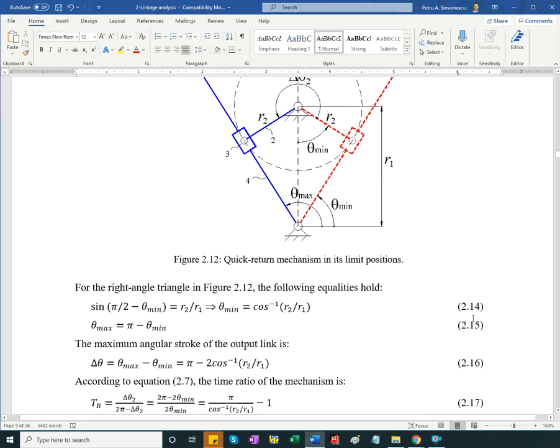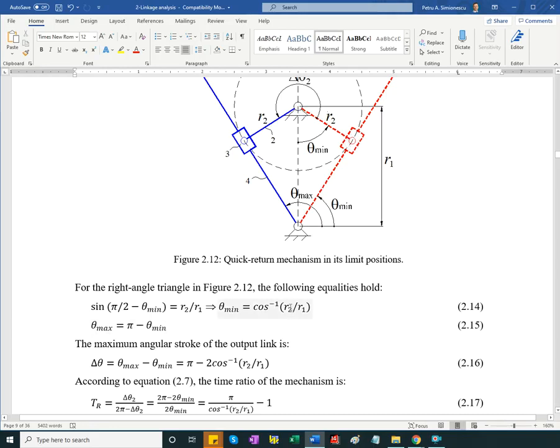Okay, so using right angle trigonometry, we can say that sine of this angle here, which is pi over 2 minus theta min, is going to be R2 over R1.